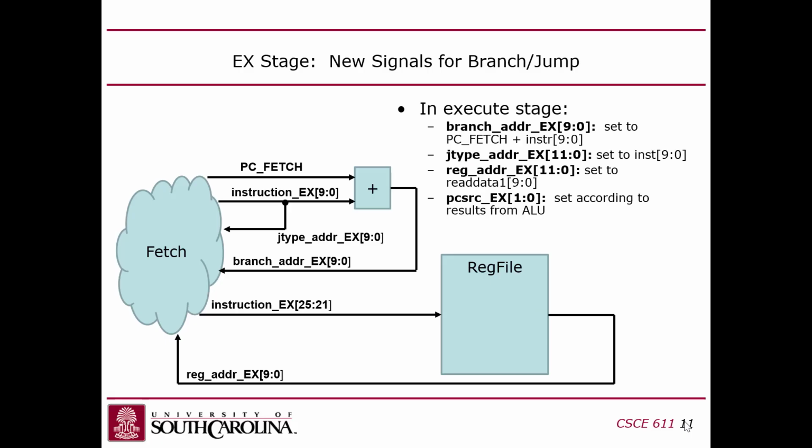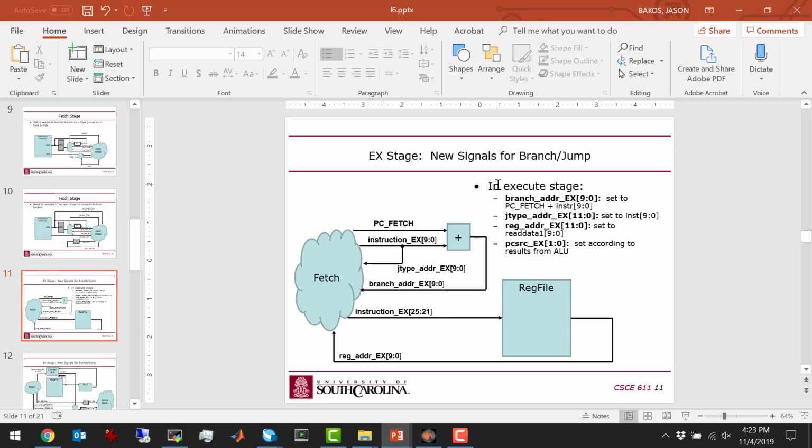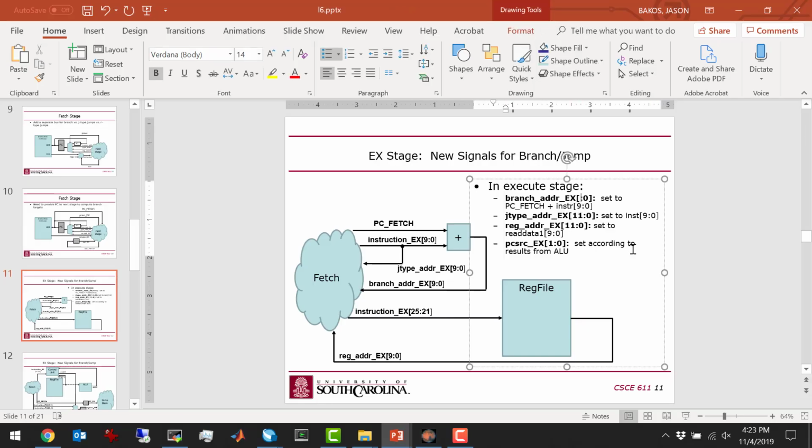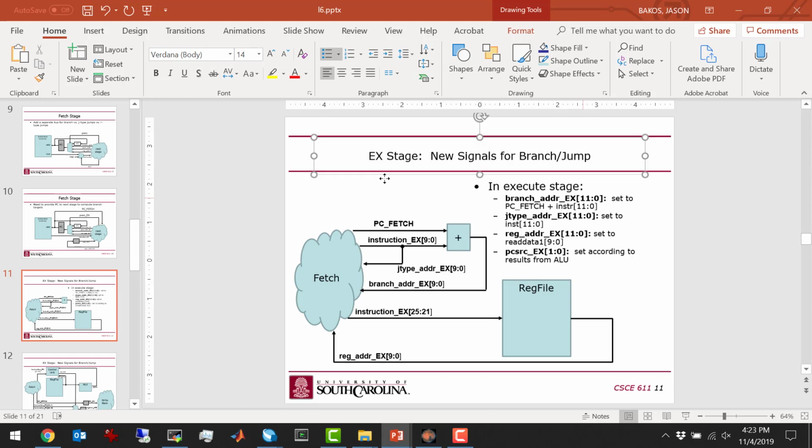So the branch address EX is 11 down to 0, and we're going to set it to PC fetch, which is already 12 bits, plus the instruction 11 down to 0, the rightmost 12 bits of the instruction. The J-type address is just instruction 11 down to 0, because the jump instruction can contain all 12 bits of the instruction, and it's not relative to the program counter.